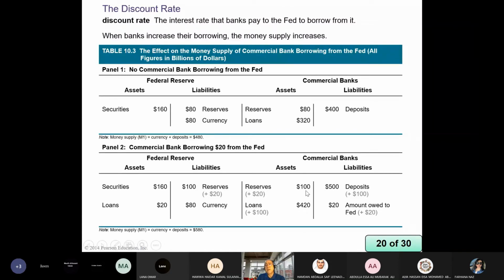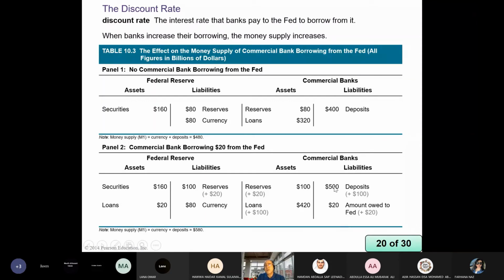Use the money multiplier. Since the required reserve ratio is 20%, the money multiplier is 5. So a reserve of 100 will create total deposits of 500. So deposits will increase from 400 to 500.